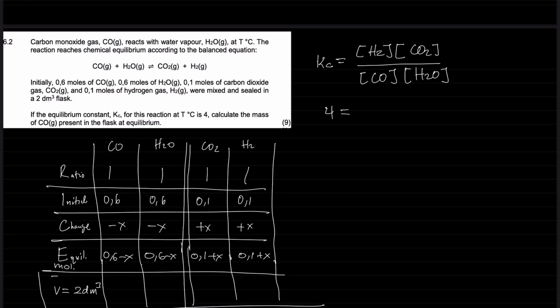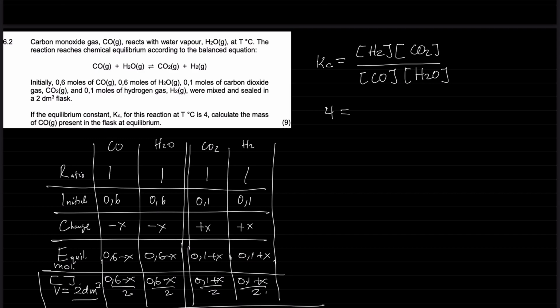To get the concentration, we just divide by 2. So each one is divided by 2: 0.6 minus X divided by 2, 0.6 minus X divided by 2, 0.1 plus X divided by 2, 0.1 plus X divided by 2. Now we have all the concentrations.